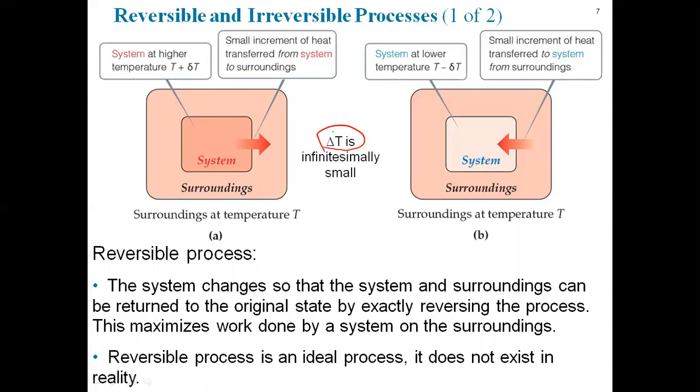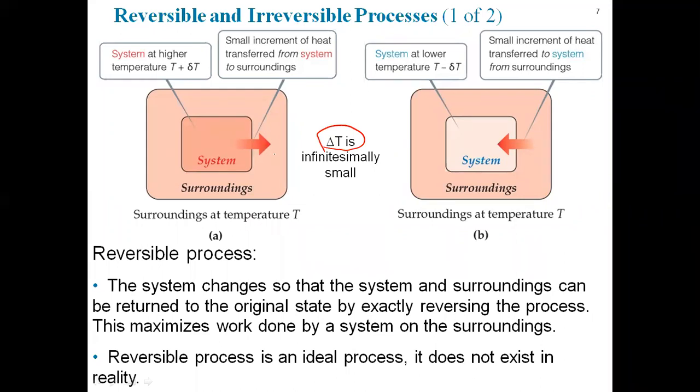So you can still imagine your delta T is positive or negative. If your temperature is T plus delta T, which means your system has a higher temperature, then heat will go out from the system to the surroundings at a very slow rate.